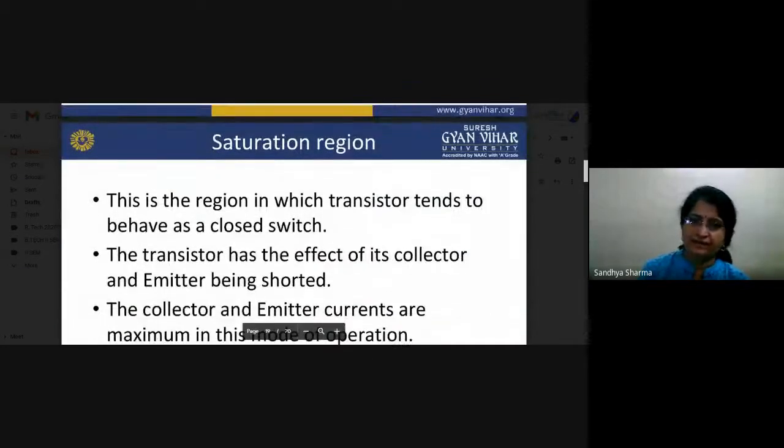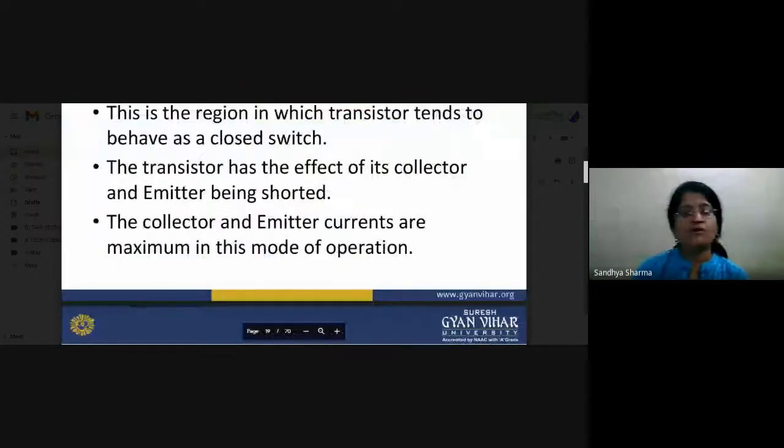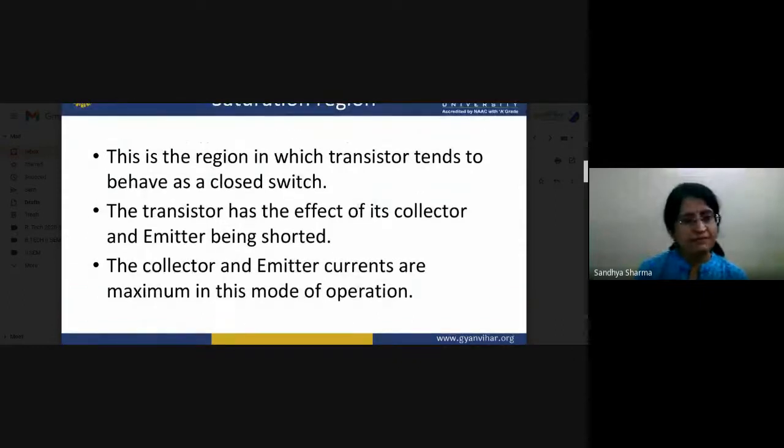Now the saturation region. When we talk about the saturation region, this is the region in which the transistor tends to behave as a closed switch. Why is it working as a closed switch? Because in both the junctions you have done forward biasing: the emitter junction is forward biased and the collector junction is forward biased. We have already seen that if any junction is forward biased it offers a very low resistance.